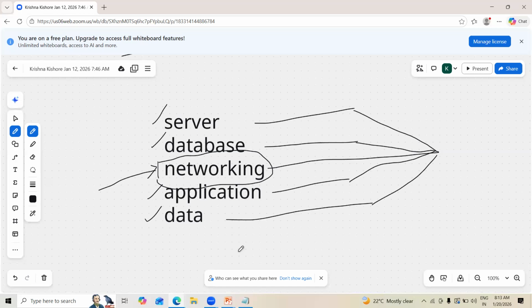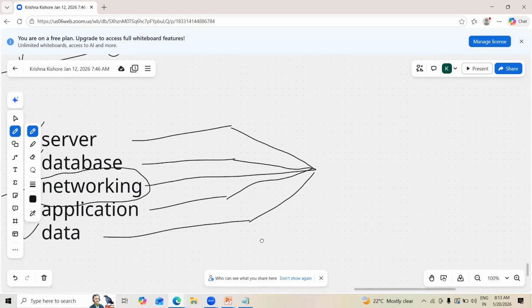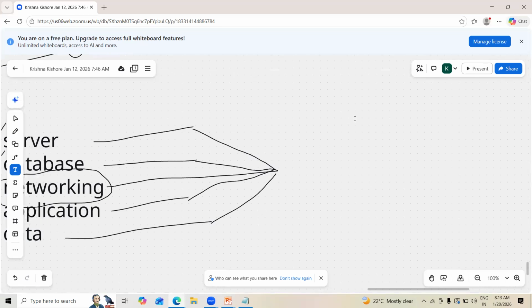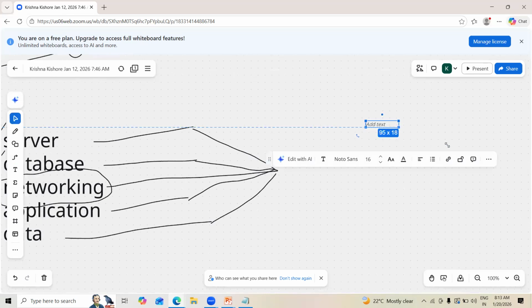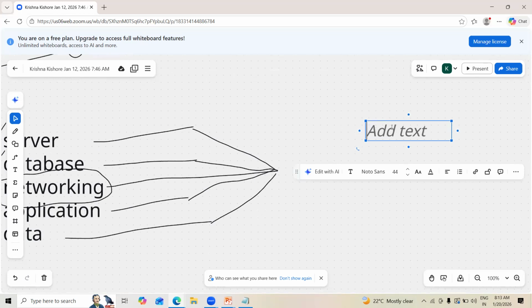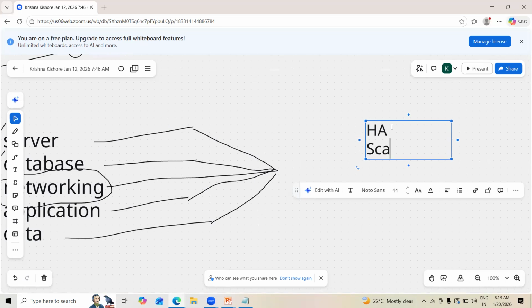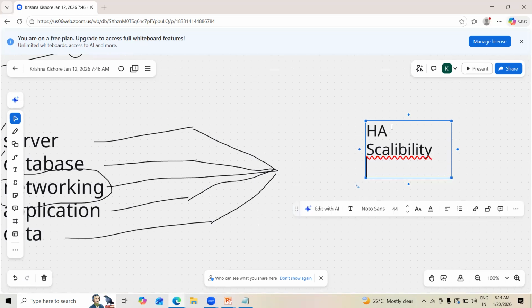The cloud provides so many other services, like I told you. High availability, scalability, resiliency, we have different options.